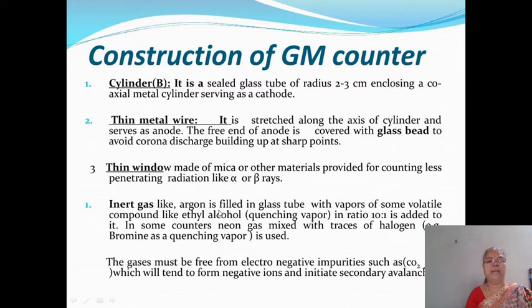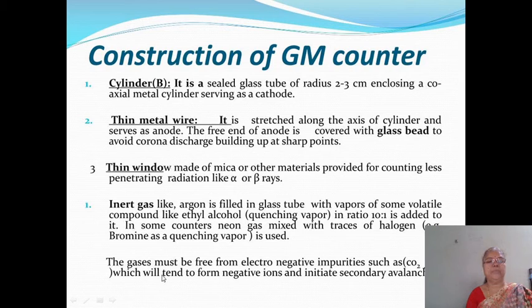Inert gas like argon is filled in the glass tube with vapors of some volatile compound like ethyl alcohol. It acts as a quencher of the gas, and in the ratio 10:1 it is added. In some counters, neon gas is mixed with a trace of halogen, for example bromine, as a quenching vapor.